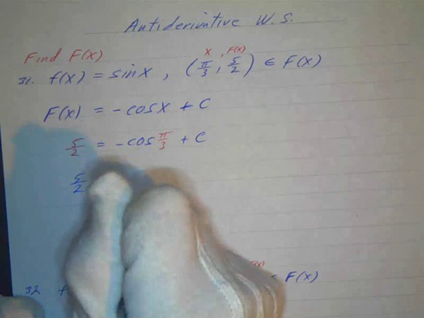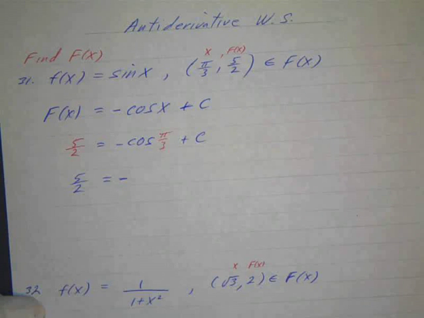And negative, and what's the cosine of pi over 3? Well, the cosine of pi over 6 is the square root of 3 over 2. The cosine of pi over 3 is 1/2.